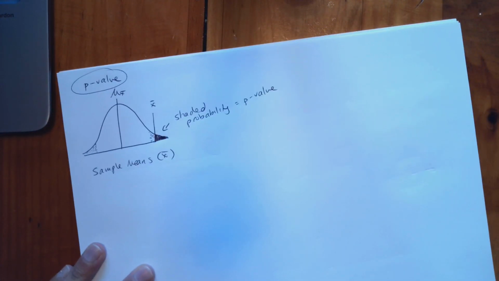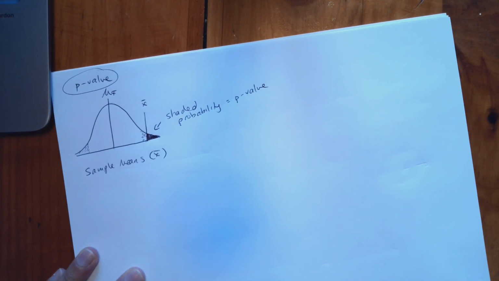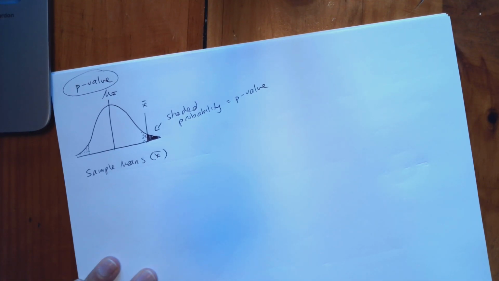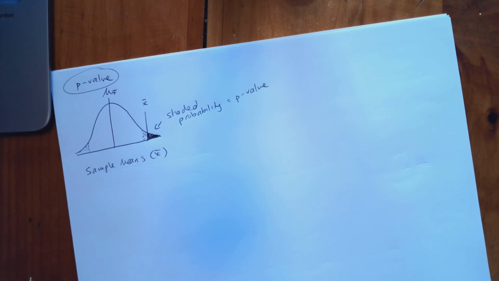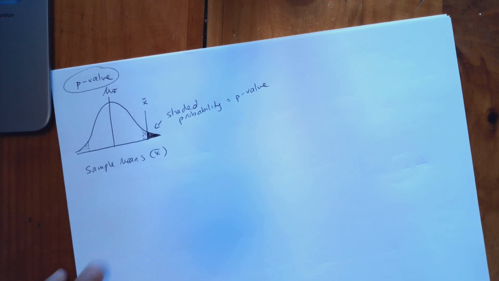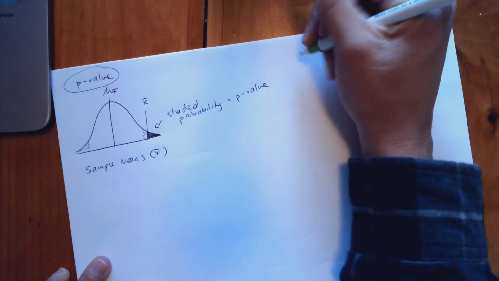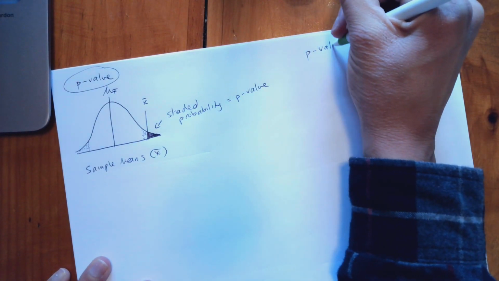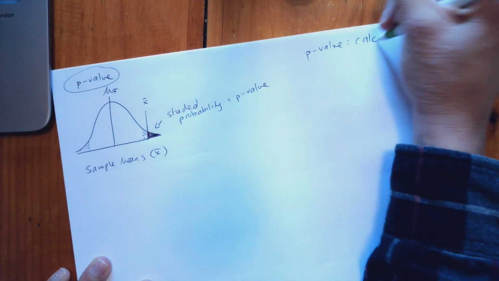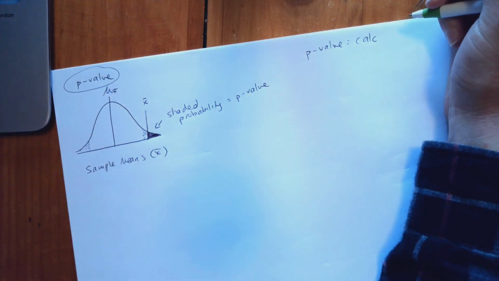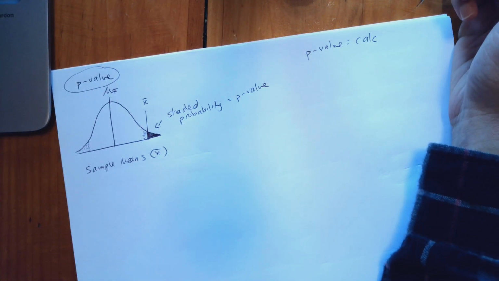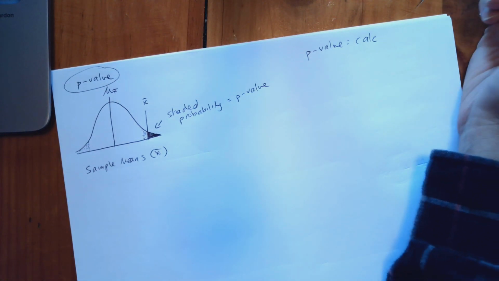And the thing about p-values is that there is no easy way to calculate them based on a particular sample statistic. As I said before, this is mostly done by computer. So in this class, it'll be done by me. I'll just tell you what the p-value is that goes with your t-statistic. But I'll just write here that it's calculated from the t-statistic, or if you're doing a different kind of hypothesis test, it would be calculated from whatever your test statistic is.